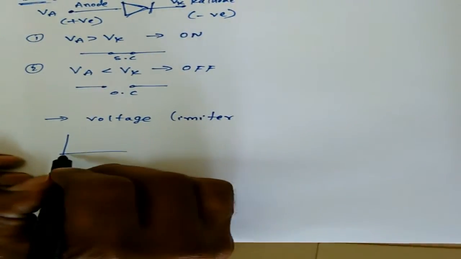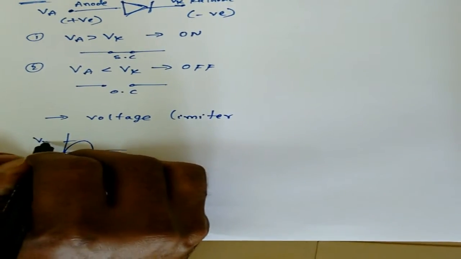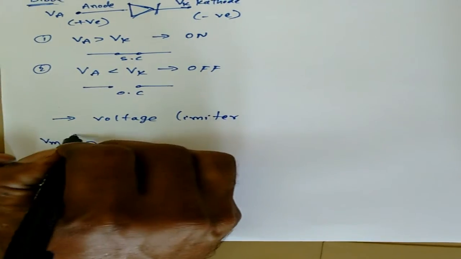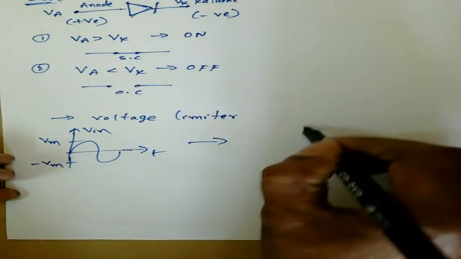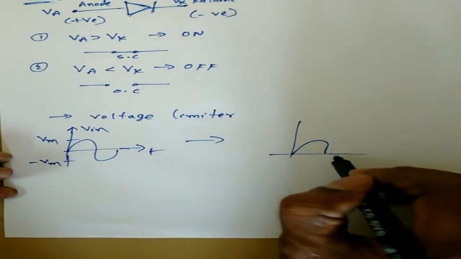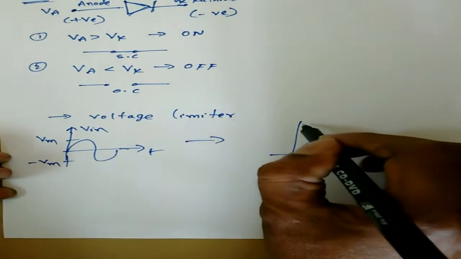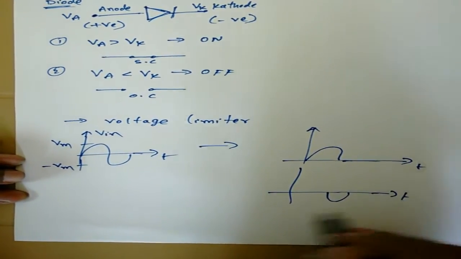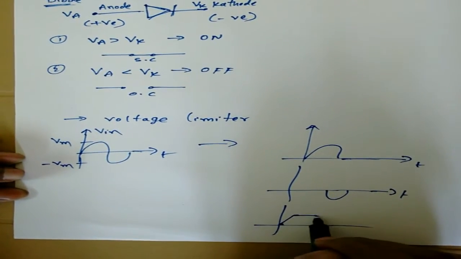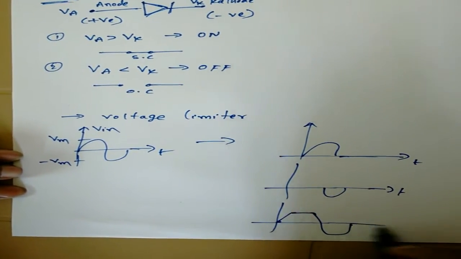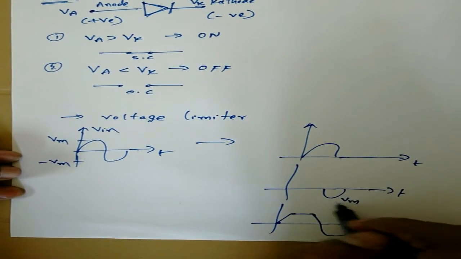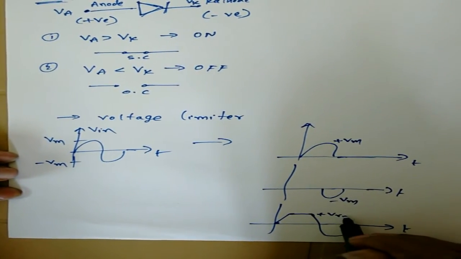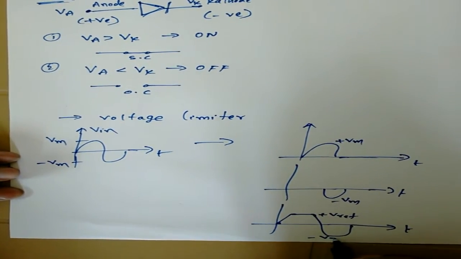Suppose you have an input signal like this, with input peaks Vm and minus Vm. Now if you want only the positive half cycle, like this, or only the negative half cycle, like this, or some portion of the positive half cycle and the full negative half cycle, so minus Vm, plus Vm, with some reference of minus Vm.